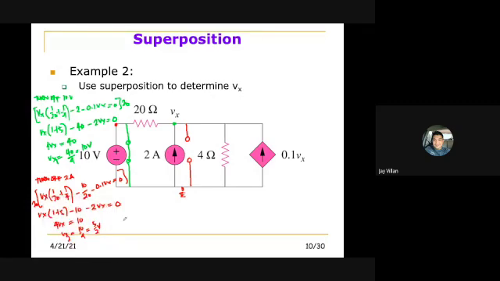So Vx total, blue. So therefore, Vx is equal to Vx1 plus Vx2. So this is 10 plus 5 halves. This is equal to 12.5 volts. Okay, so let's use nodal analysis without turning off all the sources.